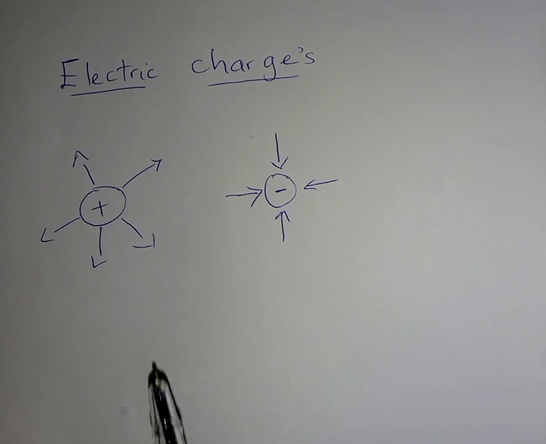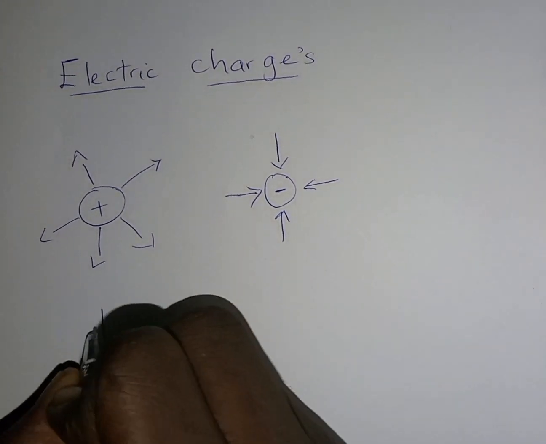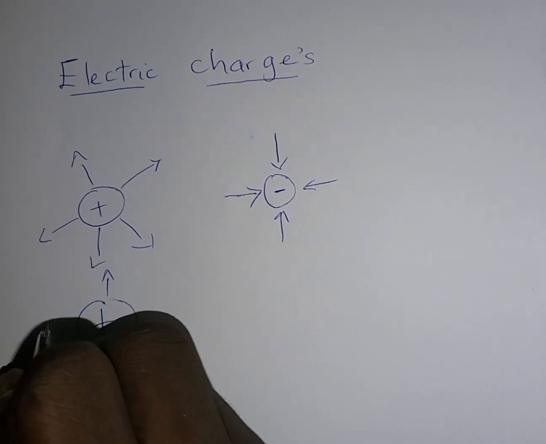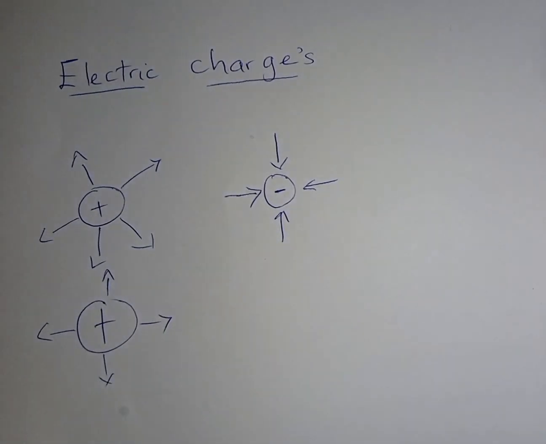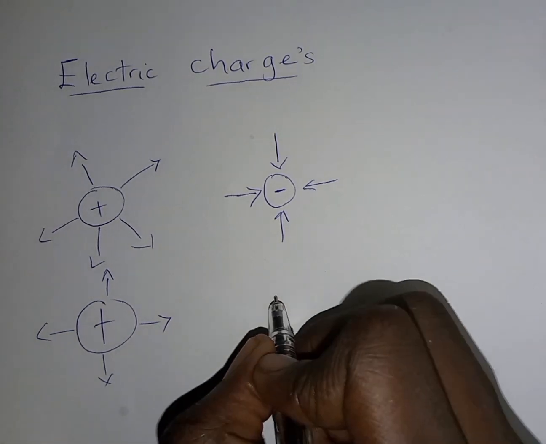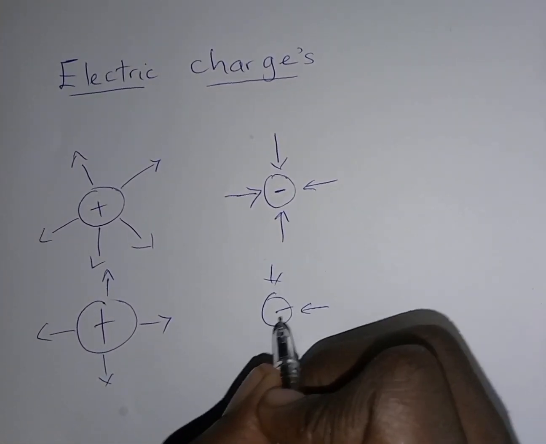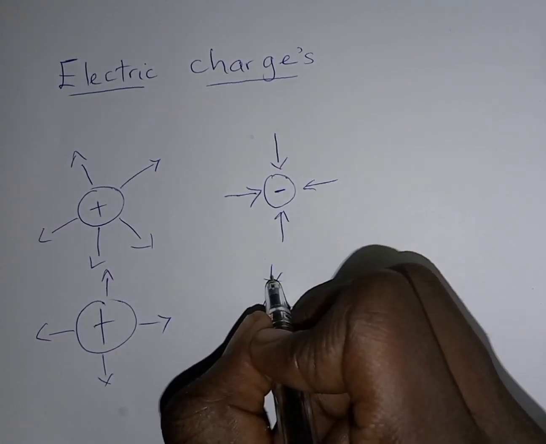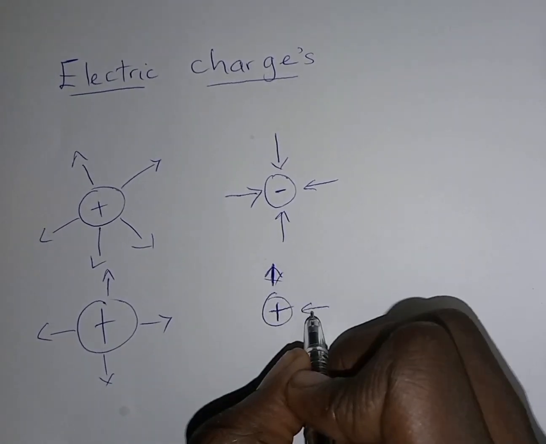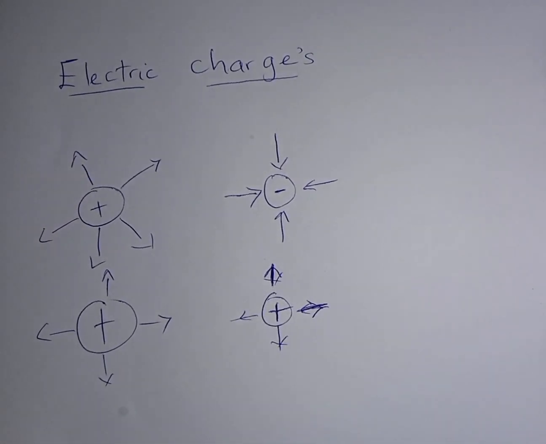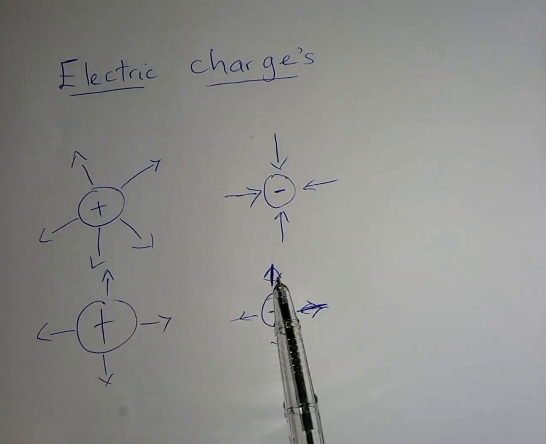But now, if you have two positive charges, you know the force around each is going outward. Since both are going outward, they can't attract each other, because as this one is going outward, this one too is going outward.